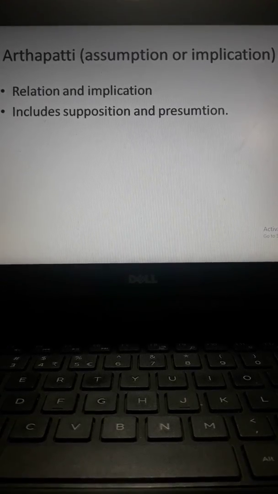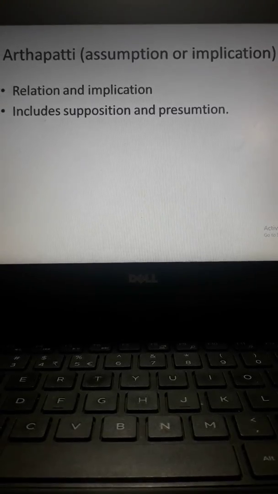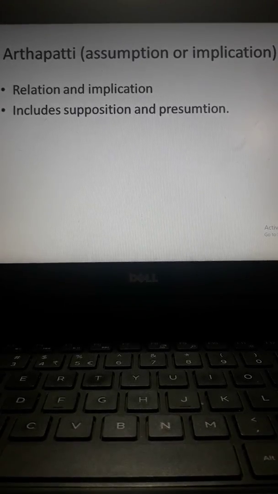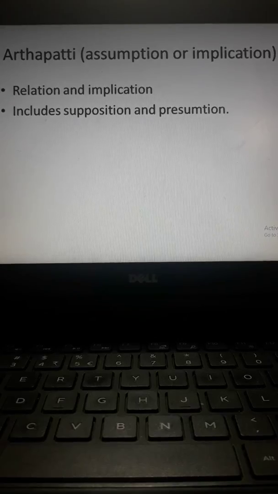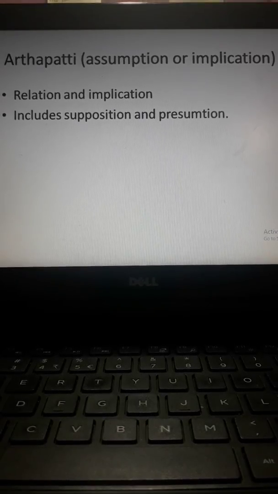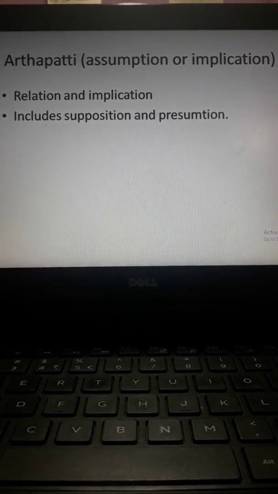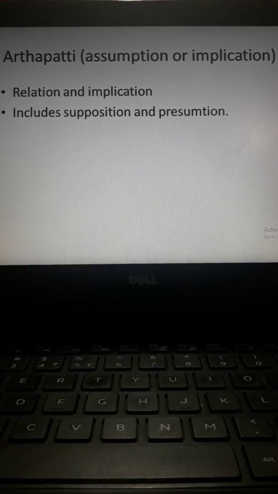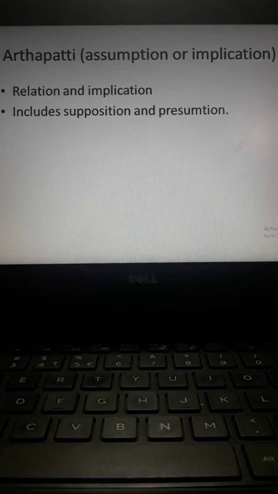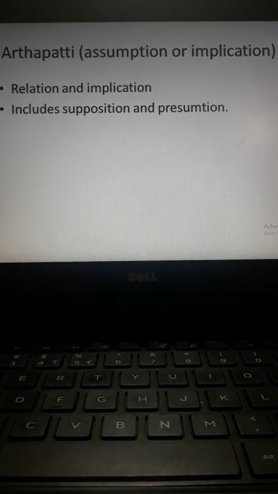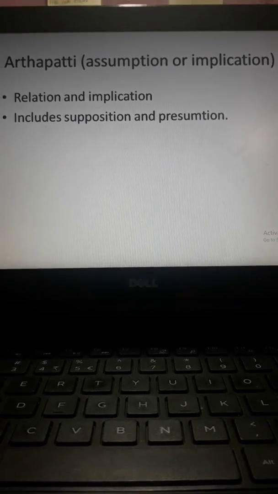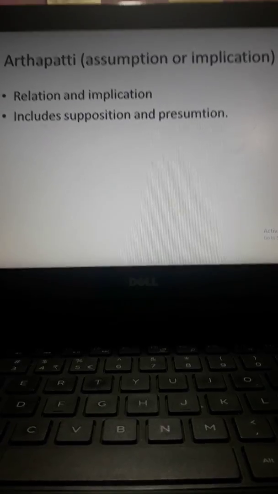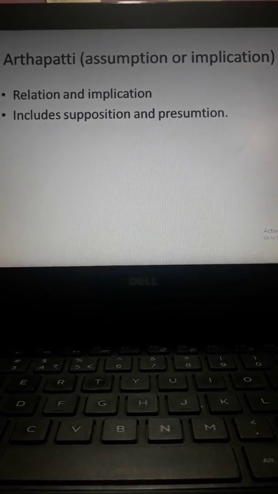For example, when there are no students in a classroom, we imply that there is no class going on. That is the relation between no students being in the classroom and the implication that there is no class going on. Examples like this are examples of arthapatti.